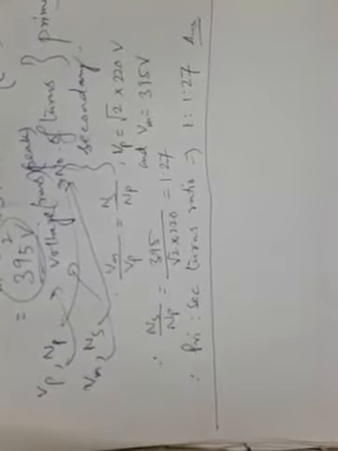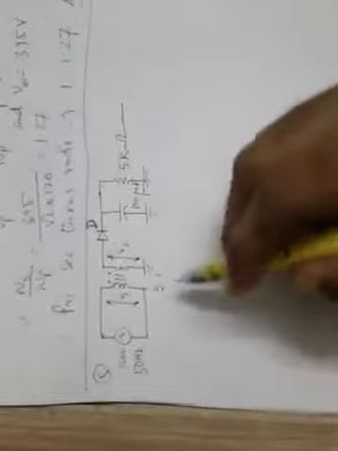So this is how the different problems on rectifiers can be solved. Now let us see some solved problems on rectifiers along with filters, the use of rectifiers along with filters. So this is problem number 5.